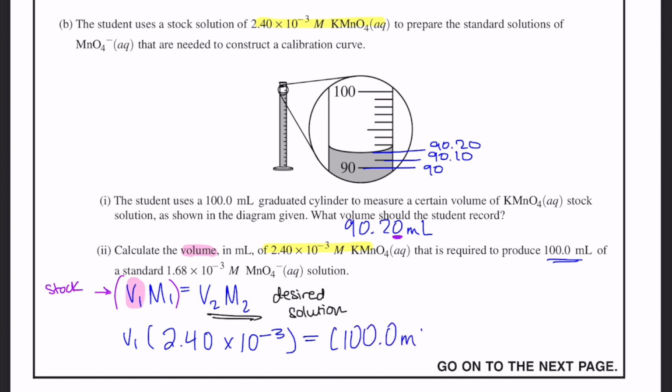And M2 is given in the question. So here, all you're going to do is just isolate V1. So you're going to divide by this molarity on both sides. And then when you plug that in the calculator, you get V1 equal to 70 mL.